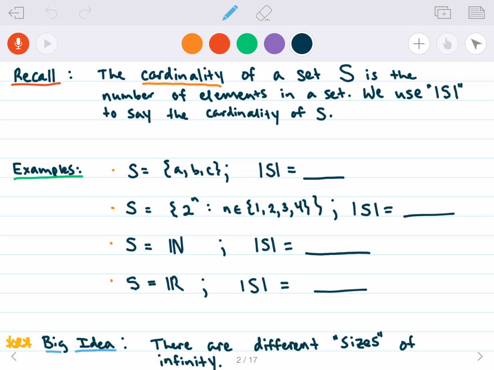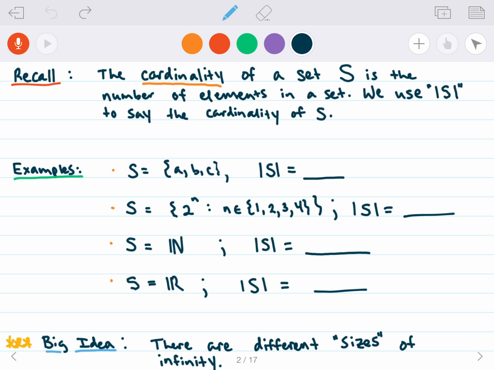Okay, so recall from the first lecture that the cardinality of a set is the number of elements in the set if we have a finite set. I'm going to be using this notation throughout the lecture. It looks like an absolute value bar, but it's read "cardinality of S." If we have finite sets, we simply count the number of elements.